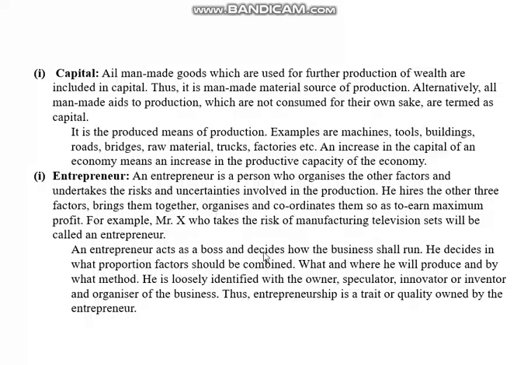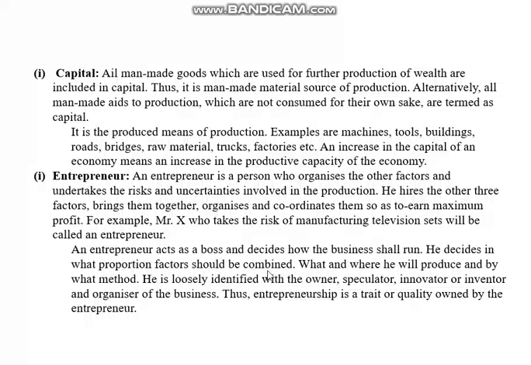An entrepreneur is a person who is willing to take risks. Suppose he is unsuccessful, he may lose the money that he is investing. But if he is successful, he can grow at a very fast rate and he can give employment to many people. Okay, anyway, an entrepreneur acts as a boss and decides how the business shall run.